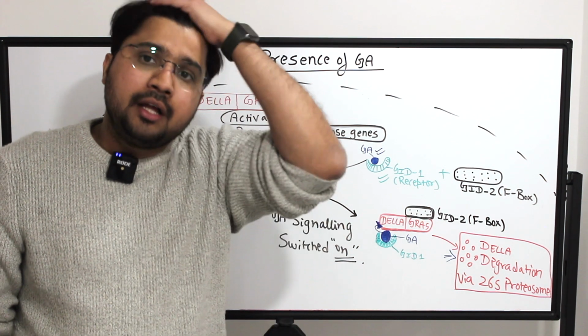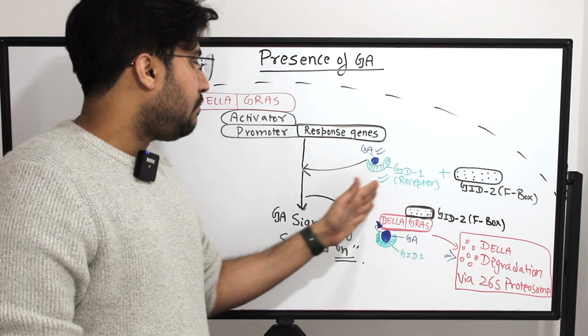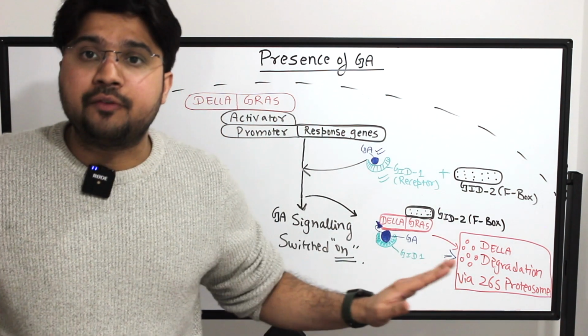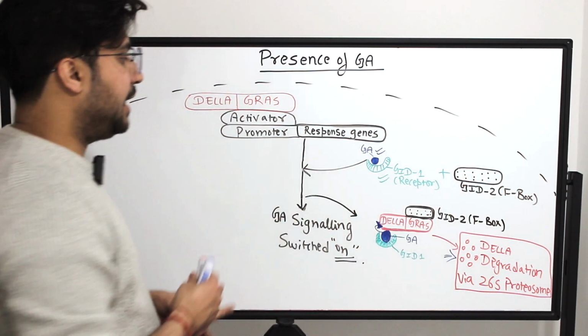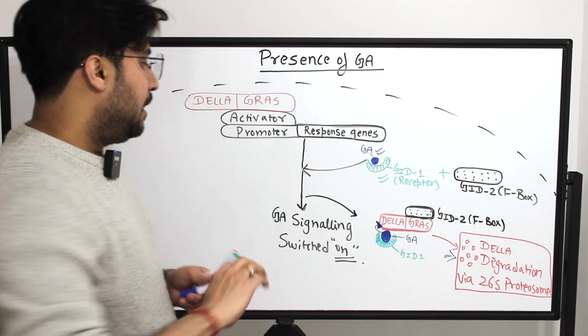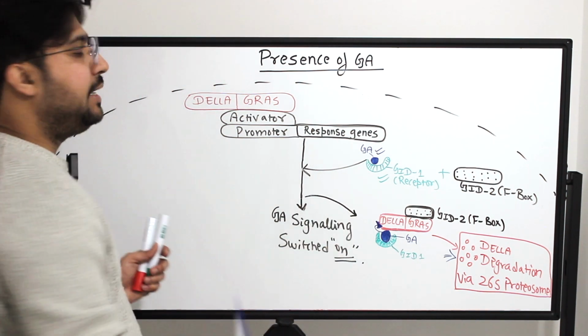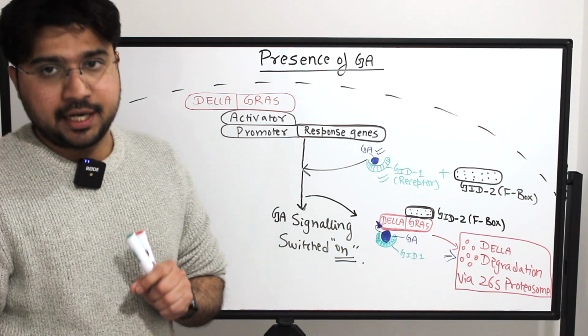But that is not the question here. What we are trying to understand is how GID1, GA and GID2 actually degrade or finish off the DELLA repressor. Let's have a look at that. When this combination comes in, please remember the Gibberellin, or GA, can recognize the DELLA domain of the DELLA repressor.